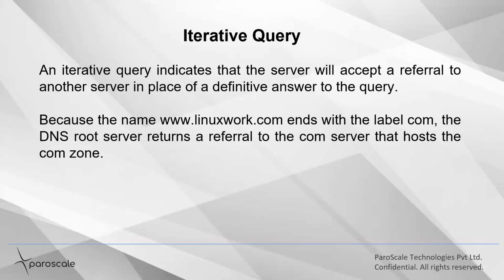The DNS resolver will send the query to the root level server, which will send a referral to the top level domain. For example, www.linuxware.com ends with the top level of com. So the DNS root server returns the referral of the com server hosted on the com zone.